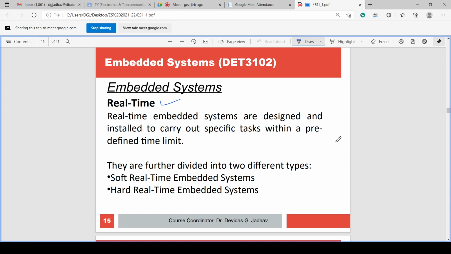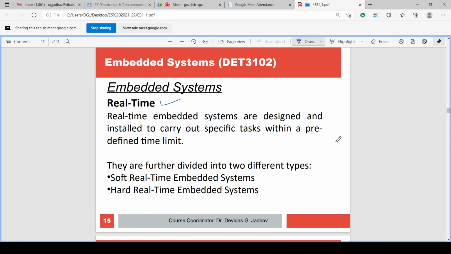These operation delays will create problems if the system is just like a normal human system. Humans don't wait while making operations. He makes one operation, next operation, third operation continuously. But a machine cannot do that because it has to work in real time. Real time means actual time.